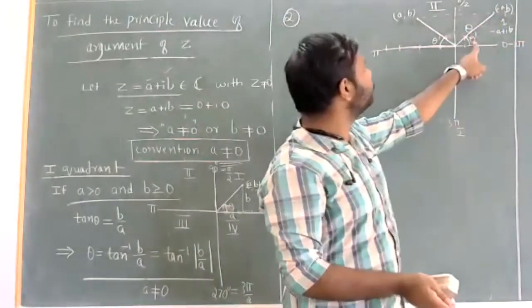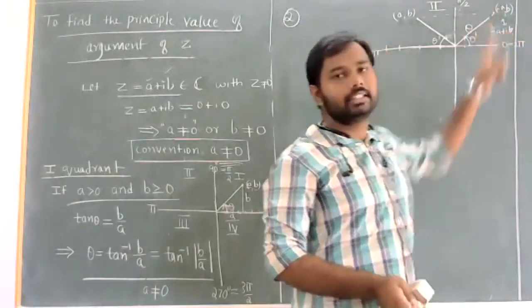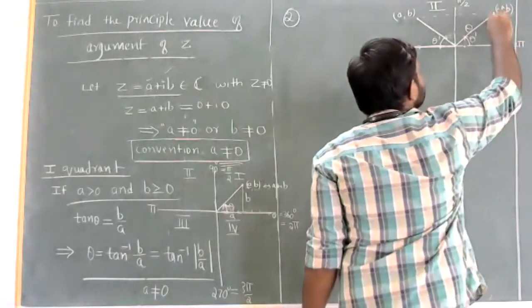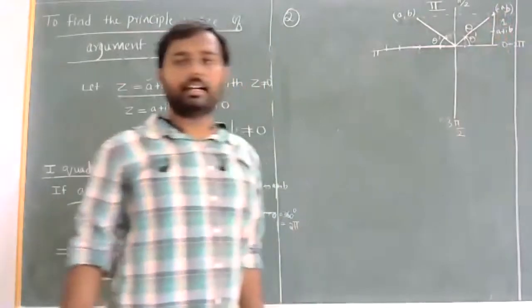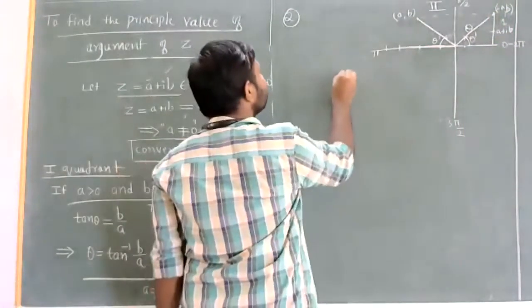What is this angle? Actually, it is the angle subtended by this line. I can find that using the right angle, right? So what is theta dash?